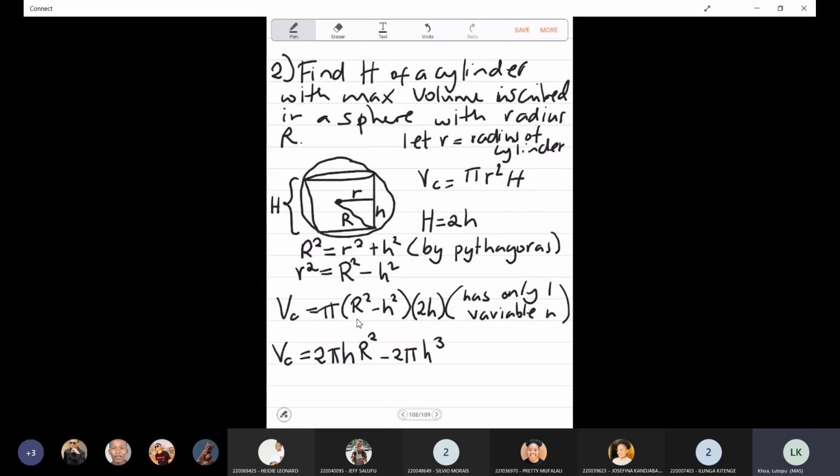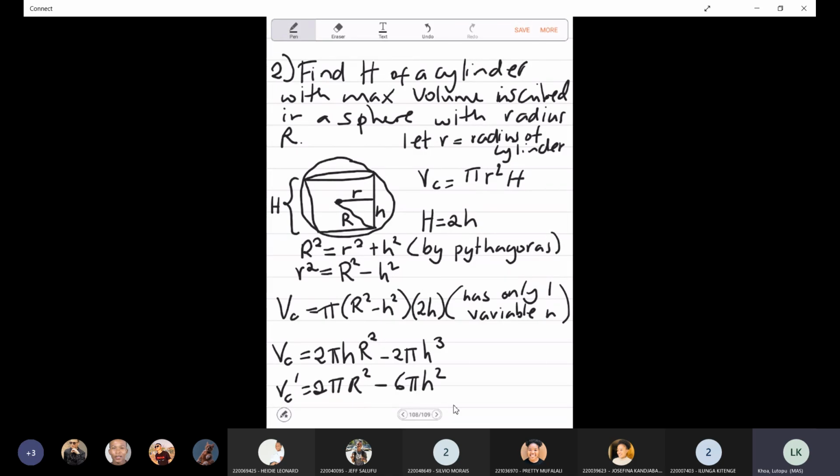Okay, I think now it's fine, right? And then we differentiate as always because we want to find the derivative. So the derivative over here, we remember we are differentiating with respect to h because R squared is a constant. So this is just 2 pi R squared minus 6 pi h squared.